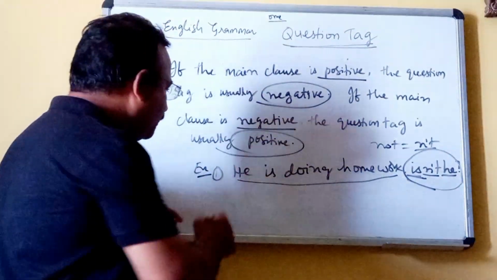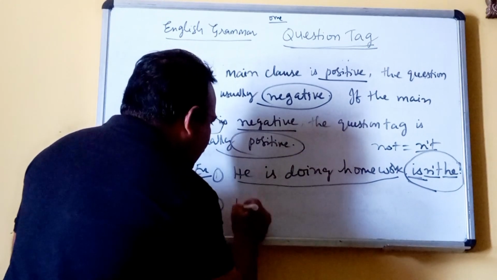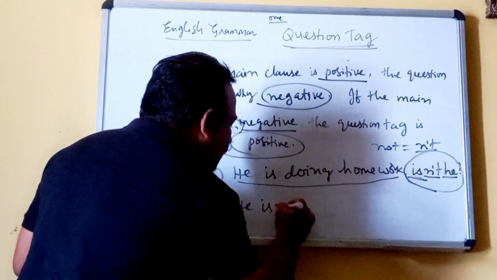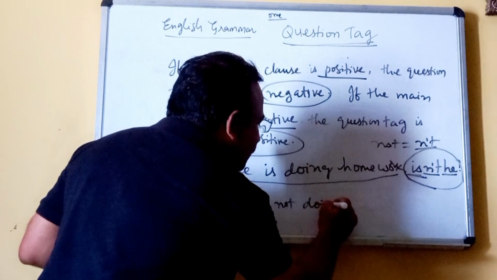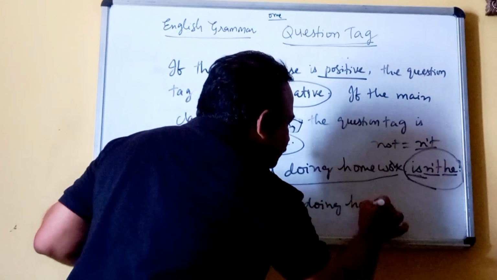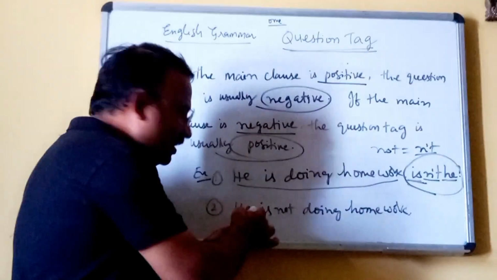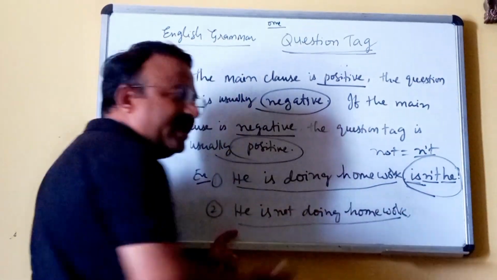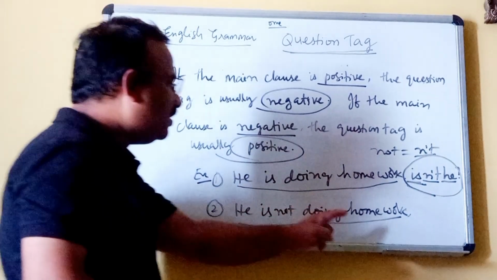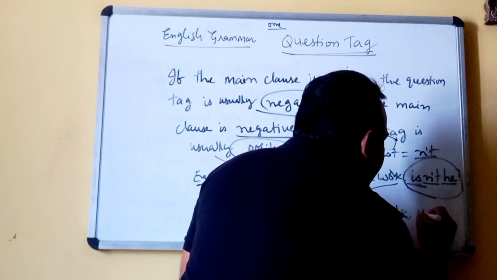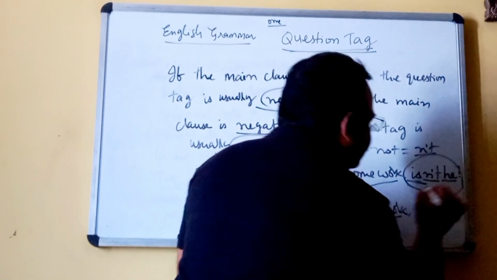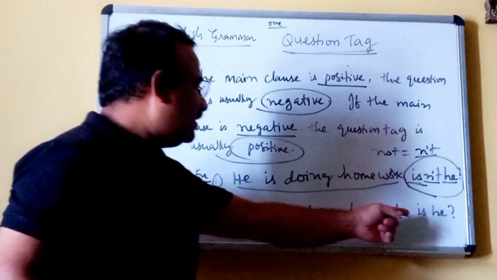Take the same example. He is not doing homework. See, here the main clause is negative. So now the question tag is is he.